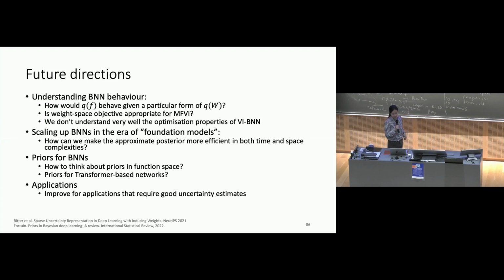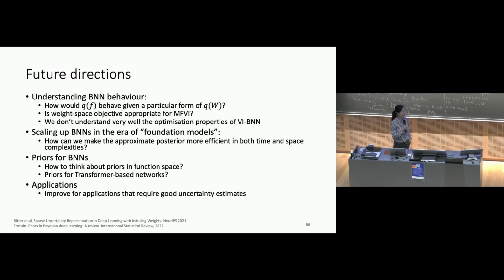Another thing I'm very interested in right now, and where we are doing quite a lot of research, is how to scale up Bayesian neural networks in the area of foundation models, when the number of parameters is in the billions. Clearly you don't want to do any full covariance method.